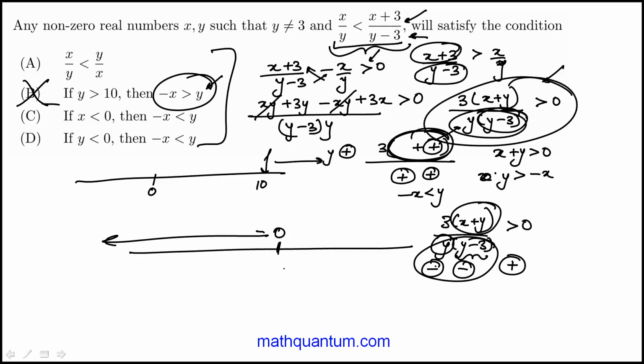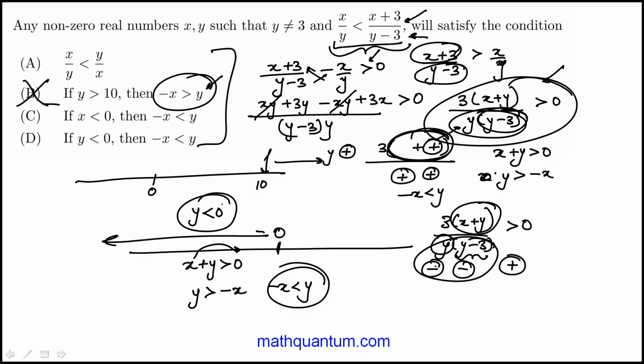That means x plus y has to be positive if y is less than 0. So that means y is greater than minus x. I just moved the x to the other side, or minus x is less than y. And if you look at the answer choices, D is exactly what they have. So I have my answer, and I'm done at this point.